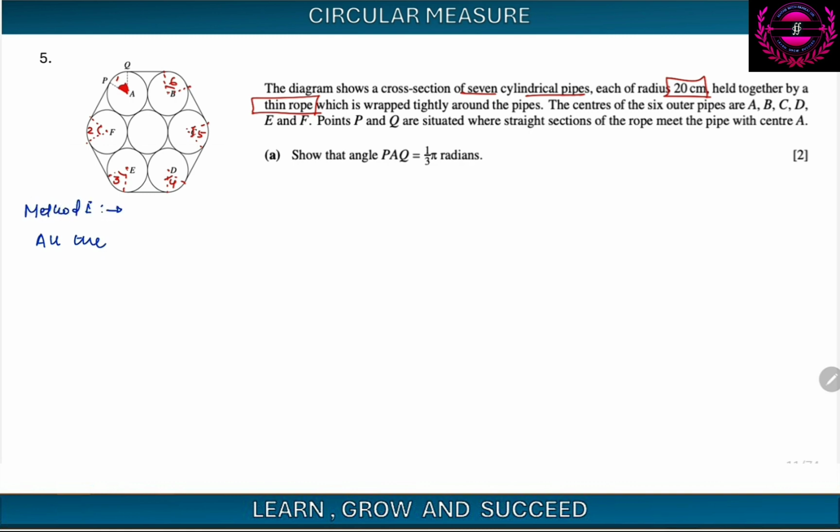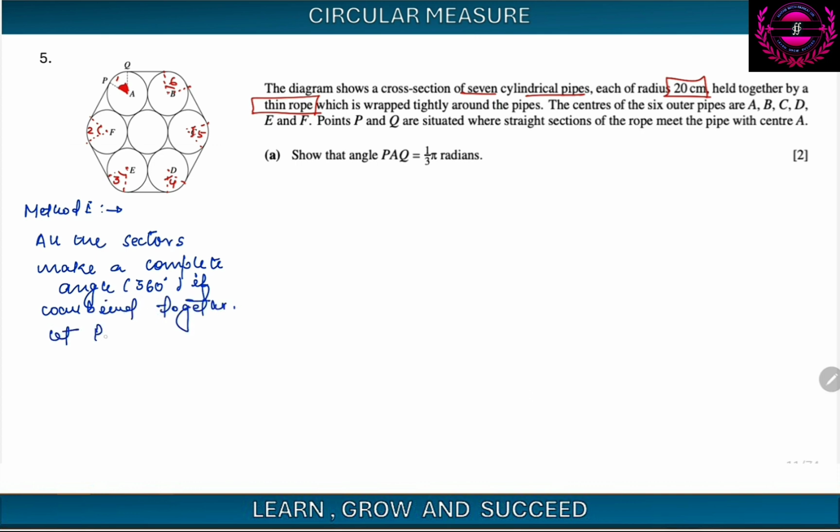This is method 1. So all the sectors make a complete angle, which is 360 degree if combined together. So let PAQ equal theta.